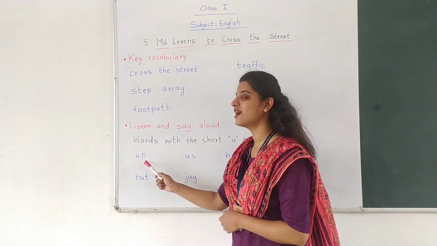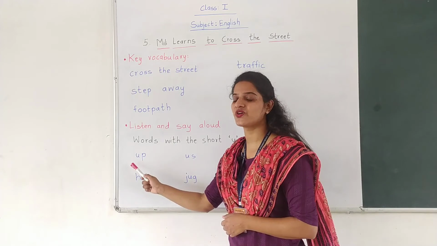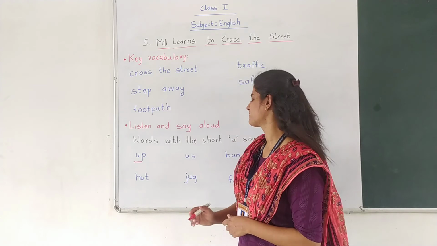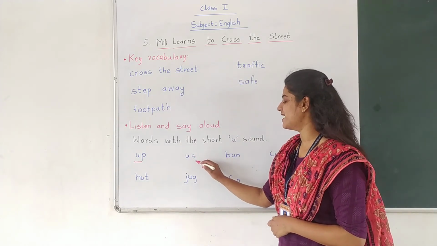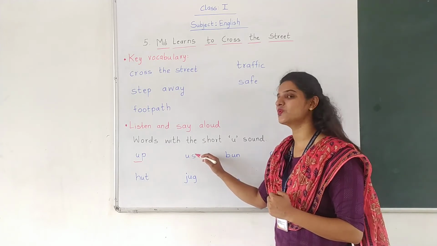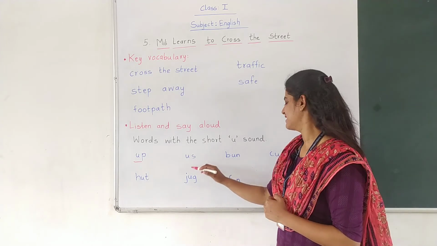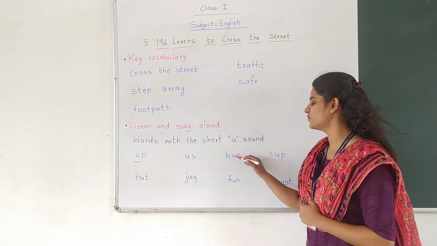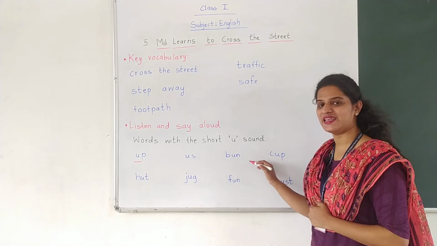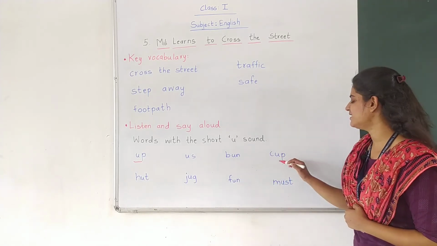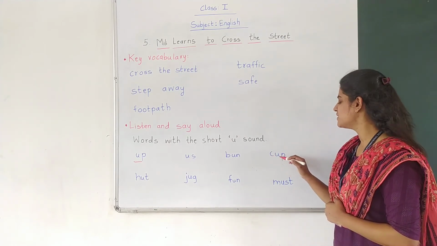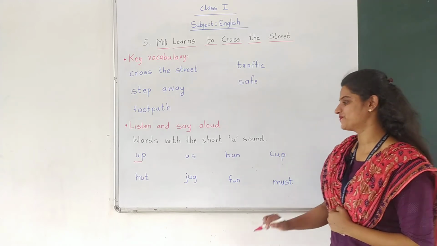U, P, up. What is the short U sound here? A. Okay? So, up. Next, U, S, us. Now, say along with me. U, S, us. Next, B, U, N, bun. Next, C, U, P, cup.